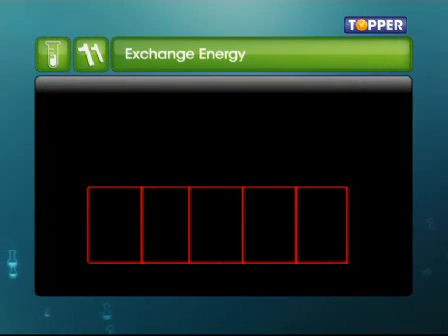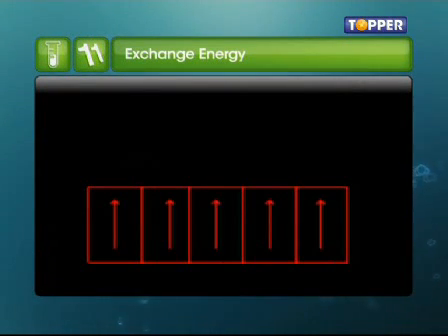It is important for you to know that half and fully filled orbital configurations like d5 and d10 enable a greater number of possible exchanges as opposed to, say, a d4 and d9 configuration. In a d5 configuration, the electron in the first orbital can exchange its position with electrons in the second, third, fourth, and fifth orbital.